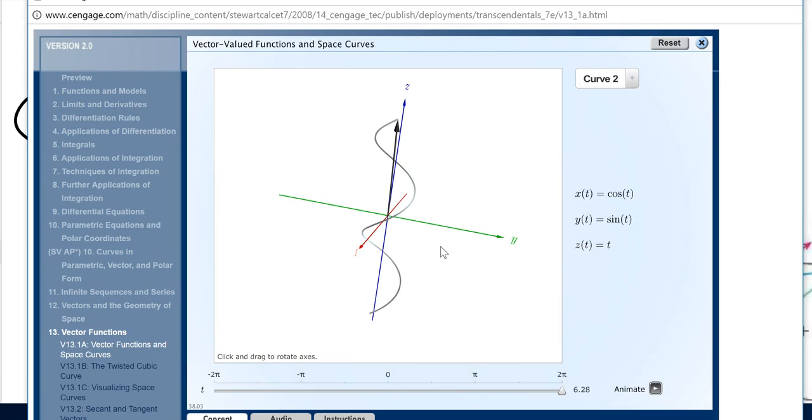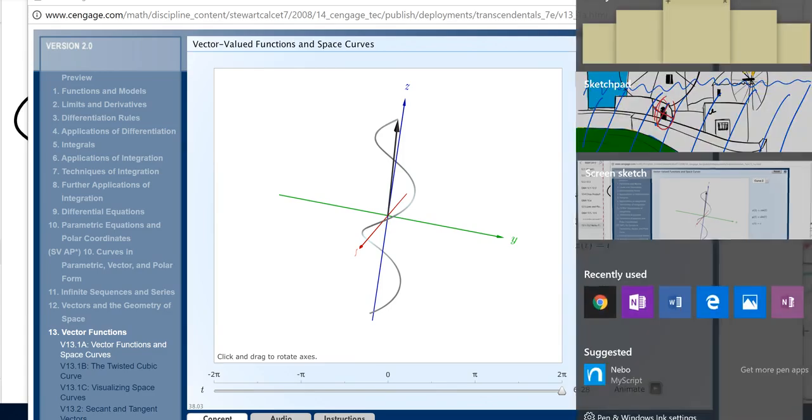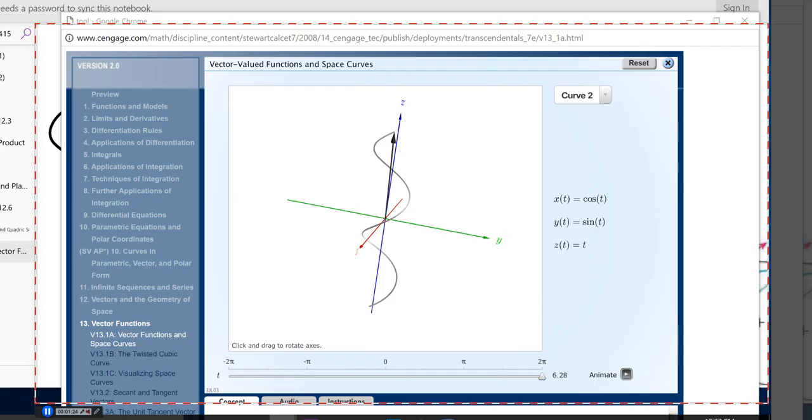Essentially what's happening is, in the xy plane you have a circle, and as the circle is being made, instead of making a flat circle, as t is increasing, z is increasing.